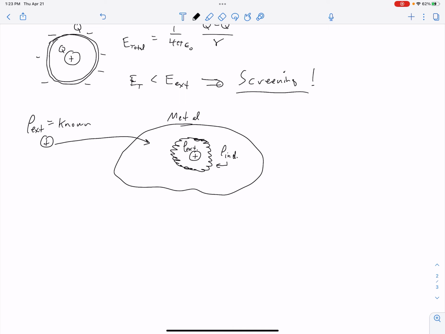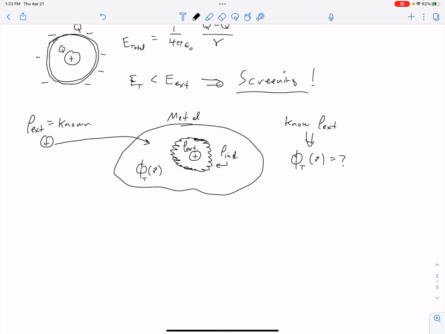And what's happening then is that we know rho external, and then we have the rho induced, and then we have the total potential phi, and the question is, what is the total potential? And that's it.